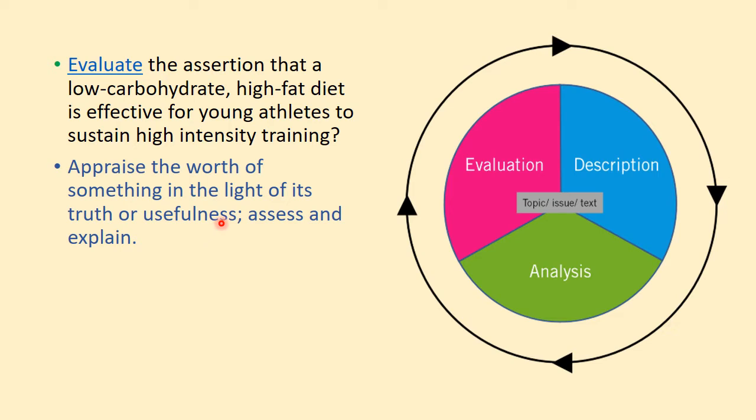So what we're looking for in the research is to find out if there's research which proves that this diet is useful, if there's evidence to prove that this assertion is the truth, that there is research and evidence to prove this.